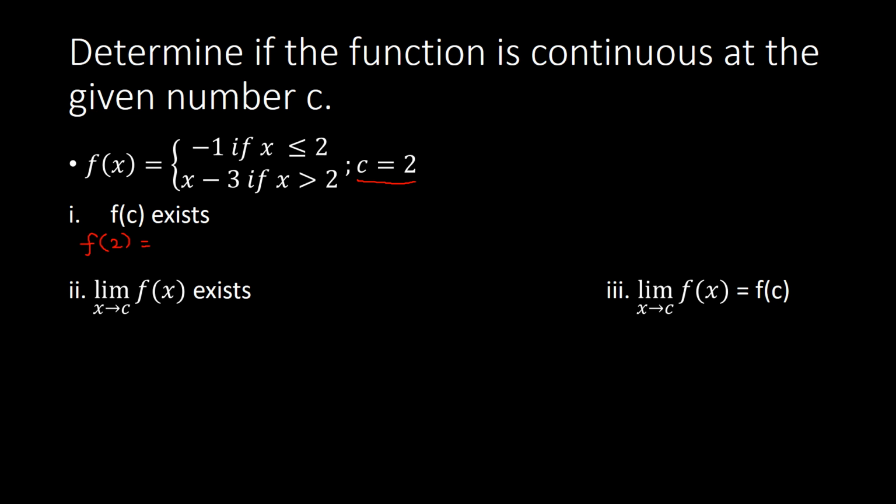For a piecewise function, you are not going to make use of all the functions here, but you are going to simply determine which function you are going to use among those within the piecewise function. Now, how to check? You are going to look at the domain here, and check where your 2 belongs.